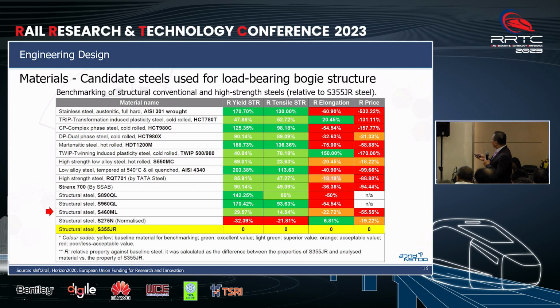You can get higher strength, around 30% higher than S355, but you need to pay more, around 50% more. You accept or agree to pay more, but you can reduce the weight of the bogie significantly. Okay?